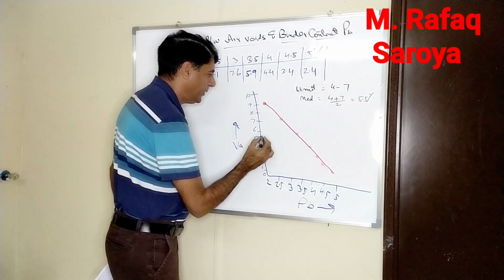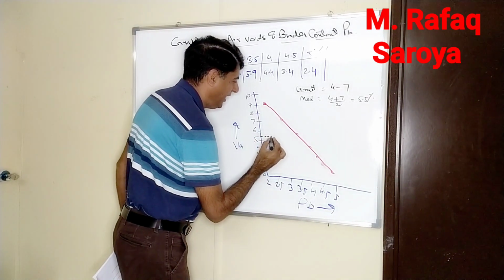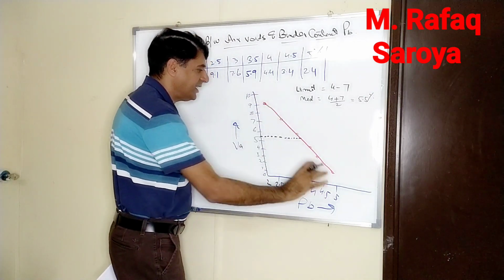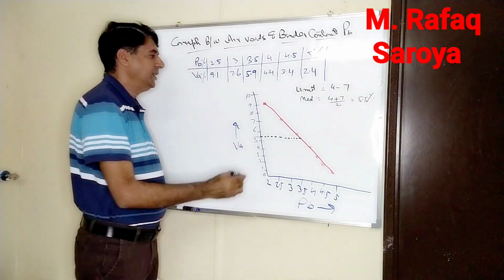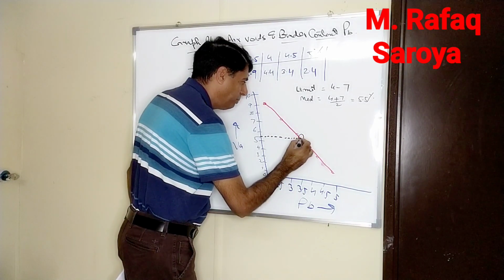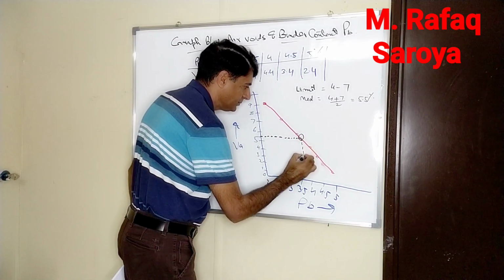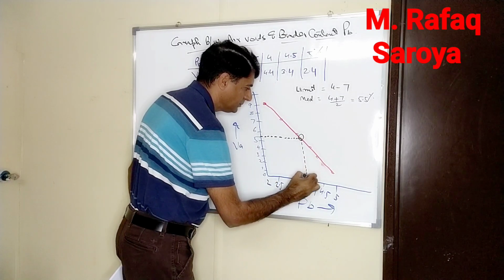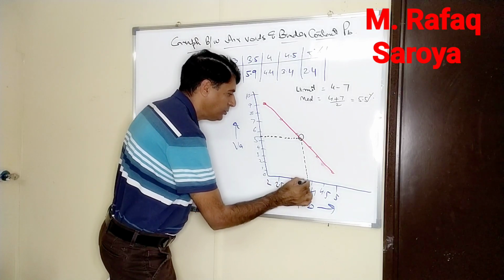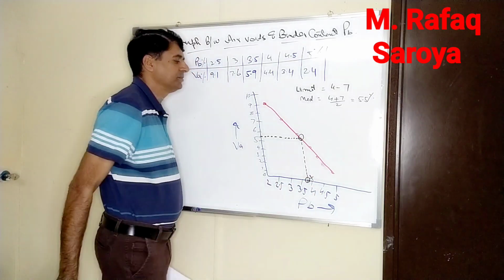When I am at this point, I will have to move parallel to the x-axis, where it is going to touch this line. It has touched at this point. From this point, I will move downward to the x-axis, and it is going to intersect at this point.